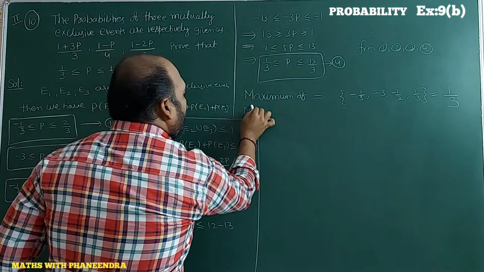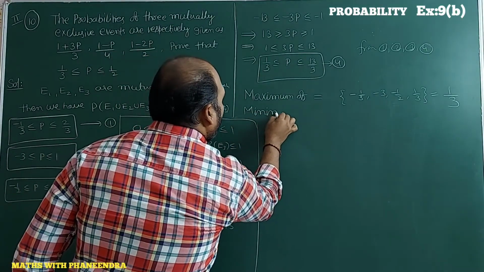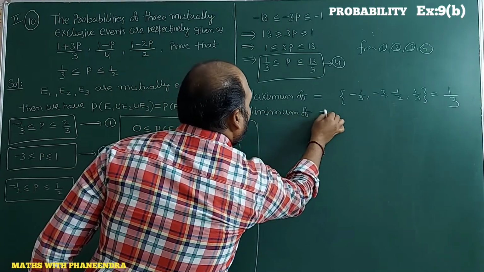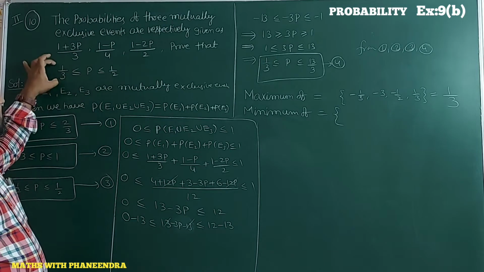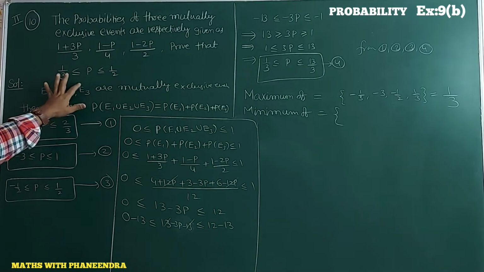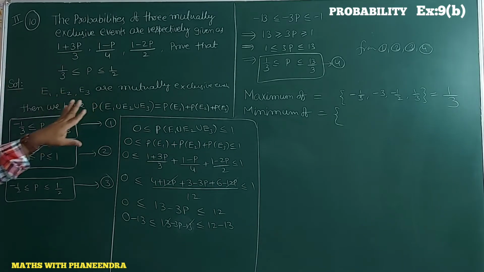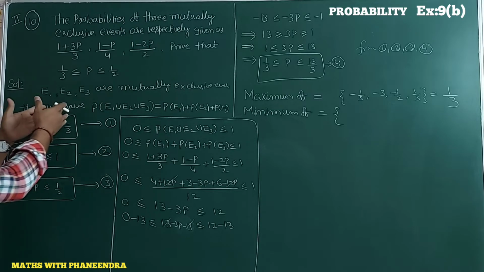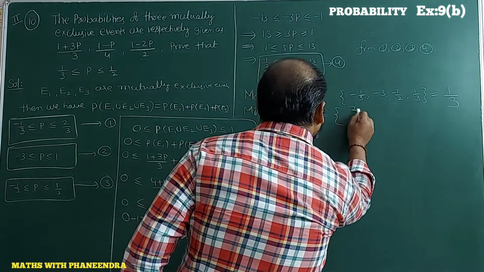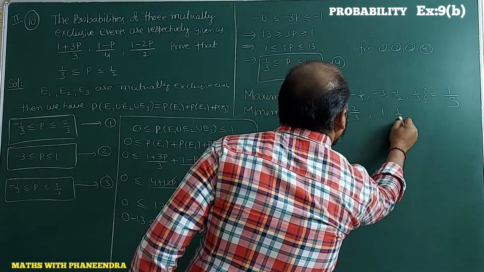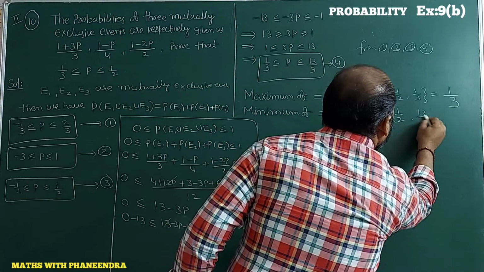And like minimum of, in reverse you take here the minimum of, to find the inequality, that means the probability P lies between 1 by 3 and 1 by 2. To prove this inequality, this will hold when we are taking the maximum of these values and the minimum of these values. So minimum of 2 by 3, 1 by 2 and 13 by 3.